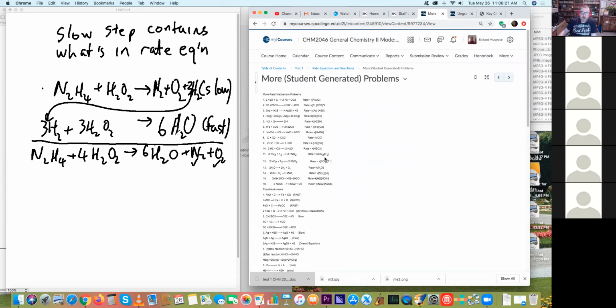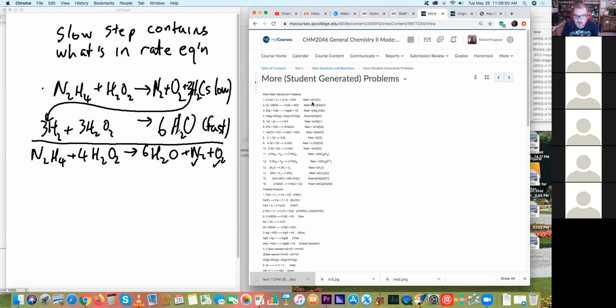So let's go through these just very briefly, and we'll just determine whether the slow step is the first step or not. This is often a good exercise, and I'm going to ask you to chime in here as we go. I'll start at the top, and we'll see if the slow step is the first step or not.